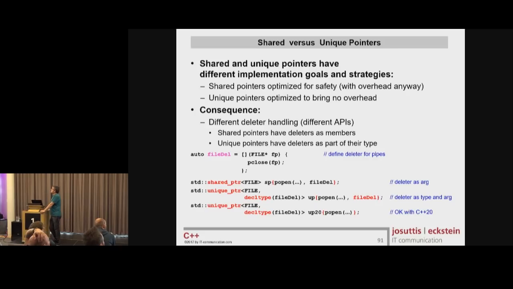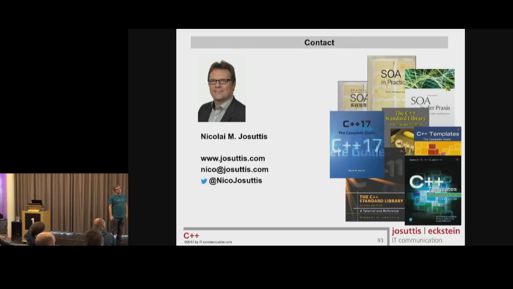The shared pointer needs a deleter in the constructor. The unique pointer gets a deleter as a template parameter. That's the difference. And yes, we know that difference, and yes, we apologize, but it's the price of having very different interests and implementation mechanisms for shared pointer and unique pointer. That's the way it is. We can't resolve that easily.